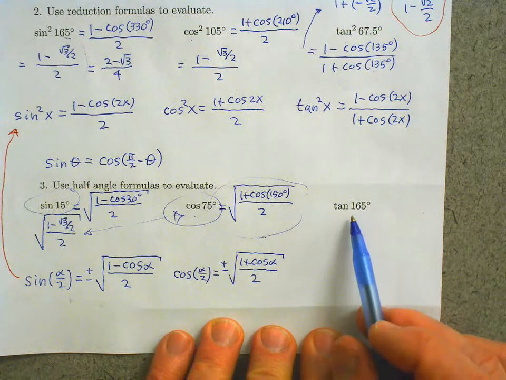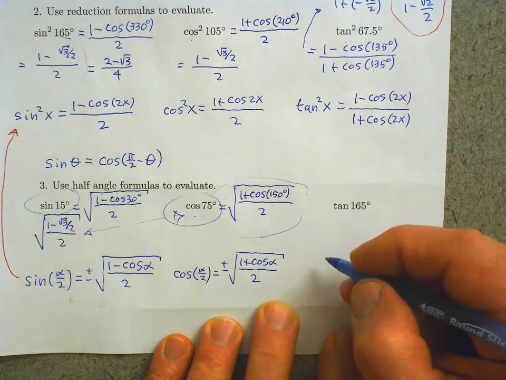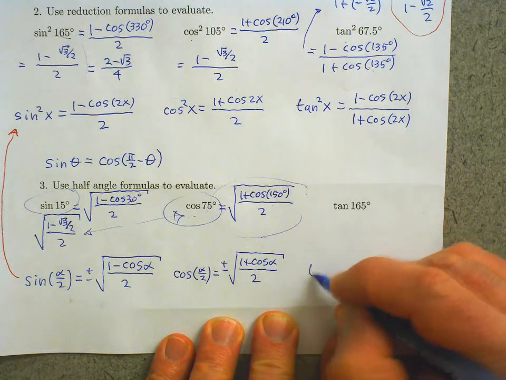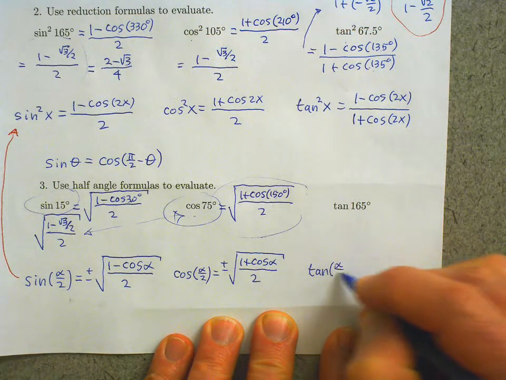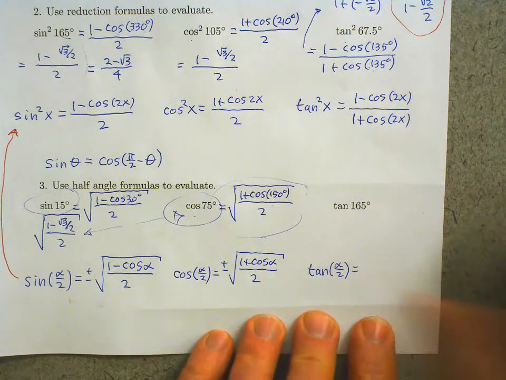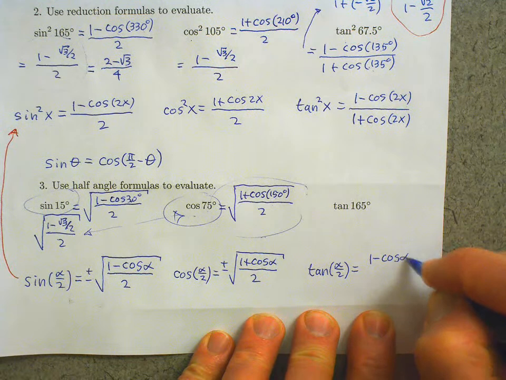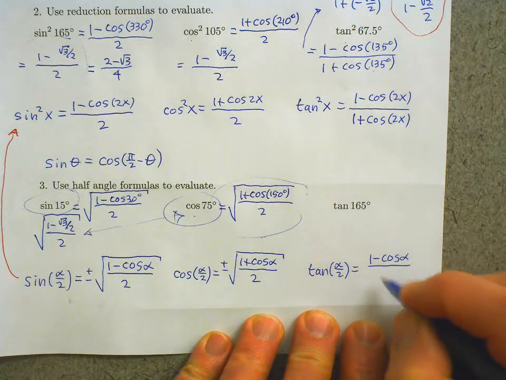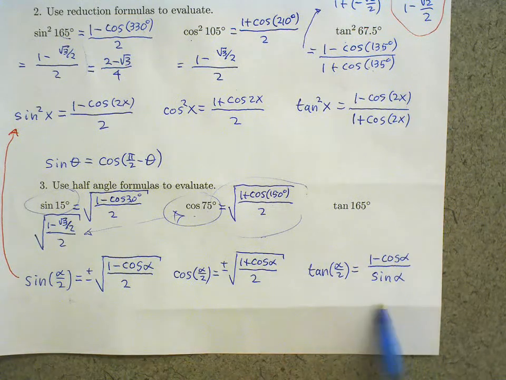Okay, the half angle formula for tangent. Well, this turns out to be tangent of alpha over 2. Turns out to be 1 minus cosine of alpha divided by sine of alpha, without plus or minus.